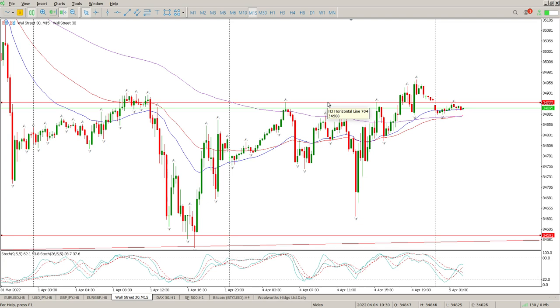The other thing that you need to bear in mind is yesterday we were below the 155 EMA, and you see how we tested it and then eventually broke through and came back to test it. Haven't quite tested it yet, so for me, the line in the sand is right here, 34,908. The way I'm going to play this is wait for the US open.